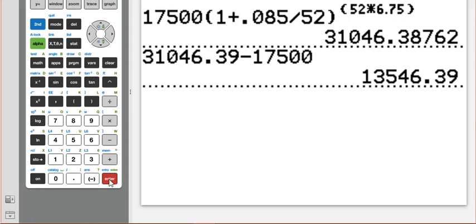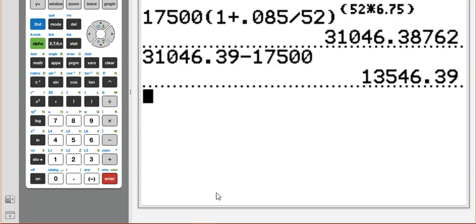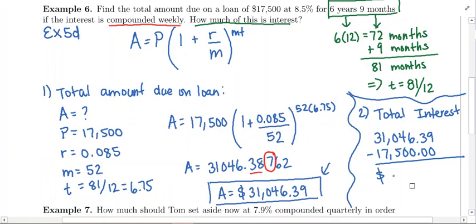Boom. You paid $13,546.39 worth of interest. Depending on interest rates, you can often pay a hefty amount of interest. It's just a fact of life. So the amount of interest, I'll put I, is going to be $13,546.39.